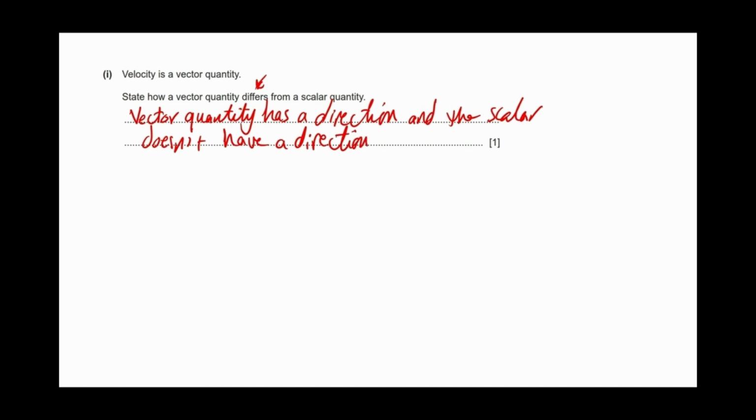Or you can say that the vector quantity has both magnitude and direction, but the scalar has only a magnitude.